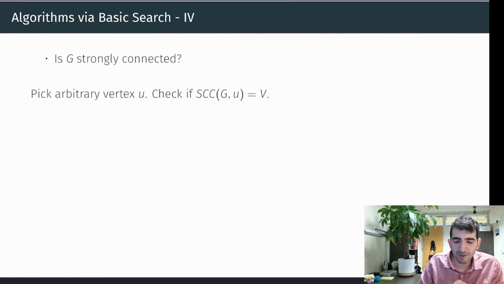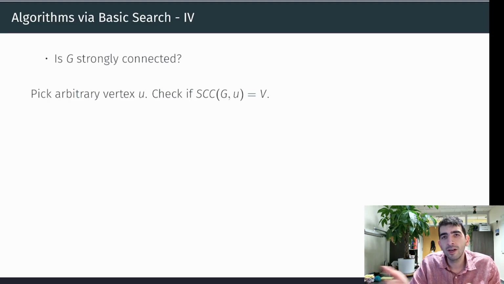If we pick an arbitrary vertex and compute the strongly connected component that contains that vertex, all we need to do is simply measure the size of that strongly connected component. If the size of that strongly connected component is equal to n, then the entire graph is part of the strongly connected component.